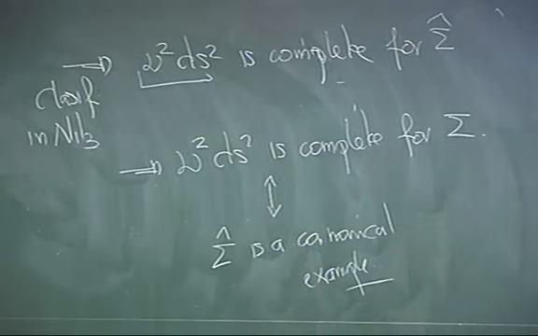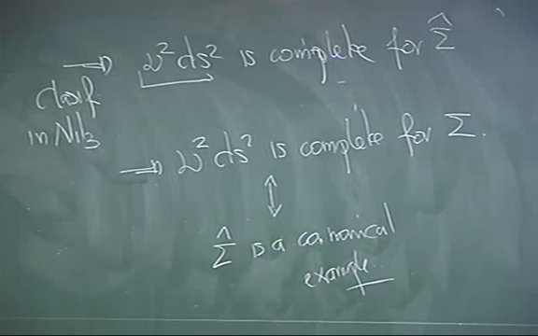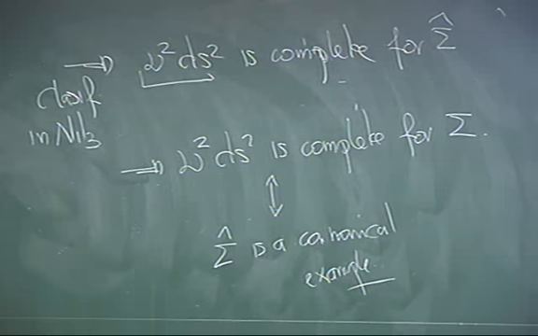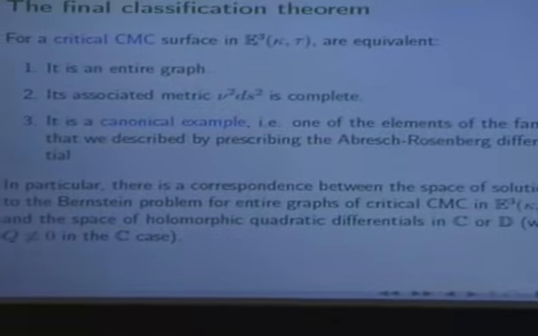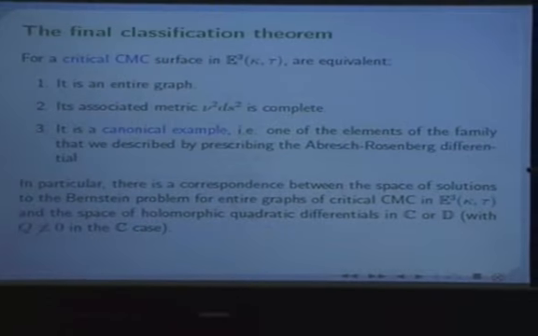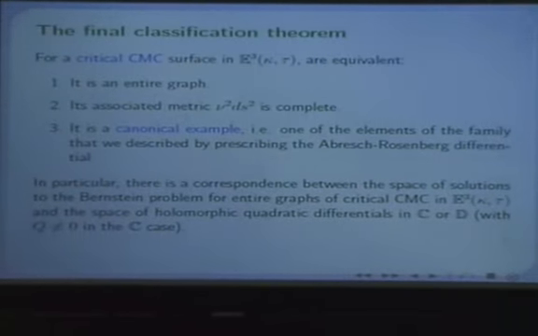So the proof is simple, taking into account what we have proved, that the entire graphs in Heisenberg are exactly the ones with this metric complete, and taking into account the Daniel-Hauswirth theorem. So the final classification theorem is the following one that is posed here. If you have a surface of critical constant mean curvature in any space, then you have three equivalent conditions.